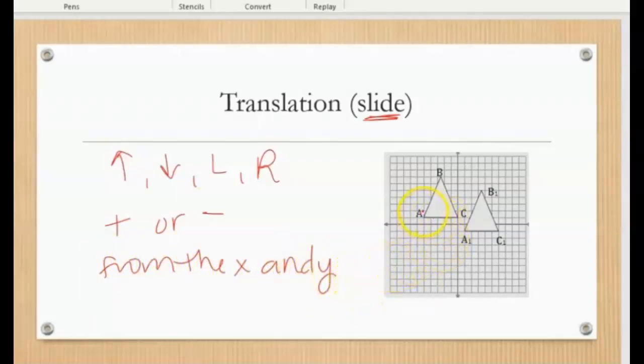We take this A point and we moved it down 2, so we subtracted, down 2 and over 1, 2, 3, 4, 5, 6, and over 6. So with a translation, you're just moving up, down, and left and right.